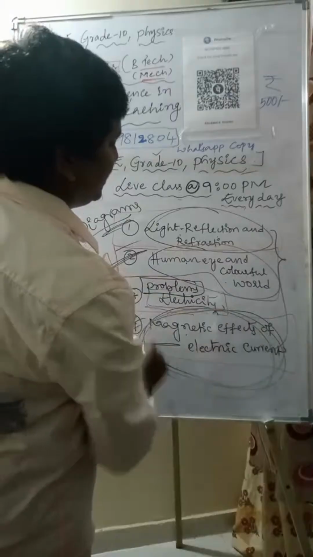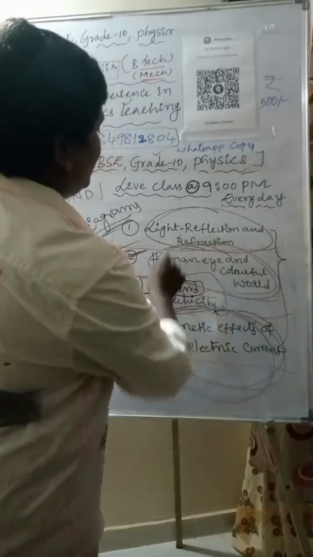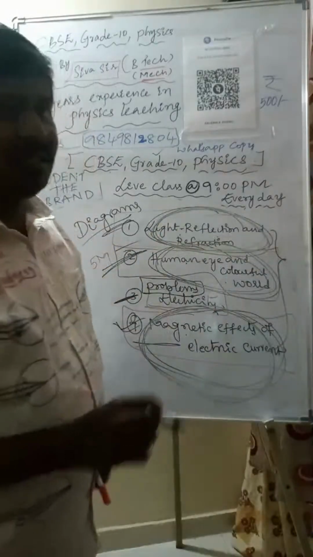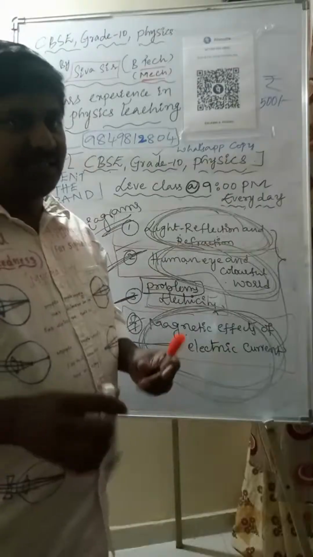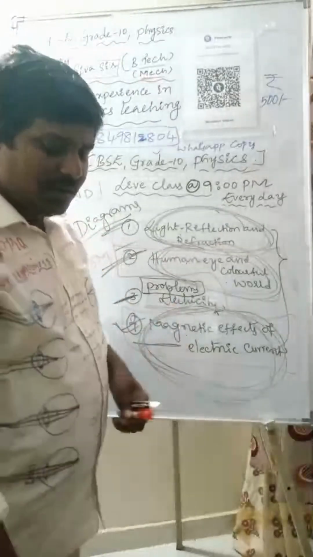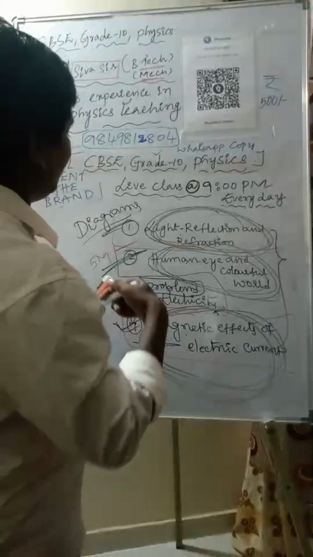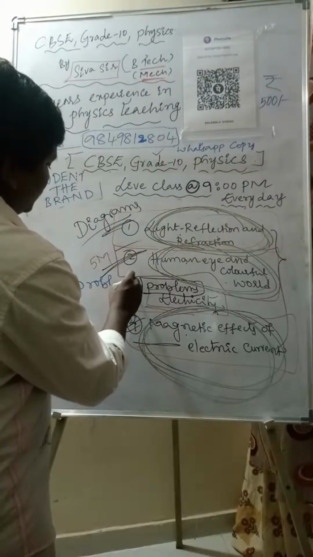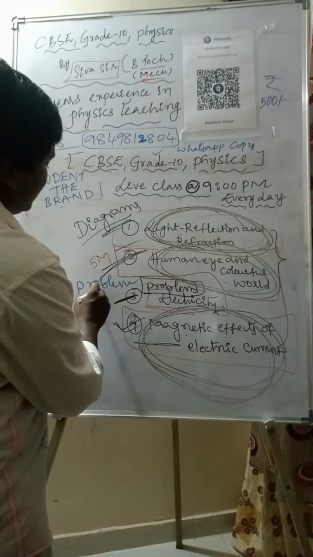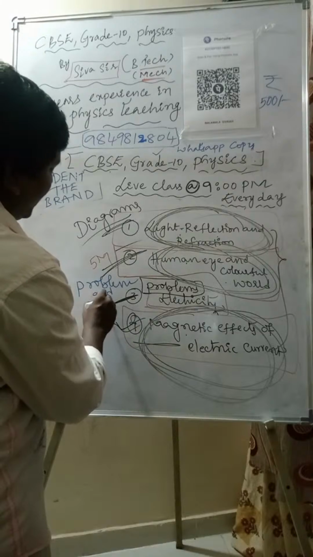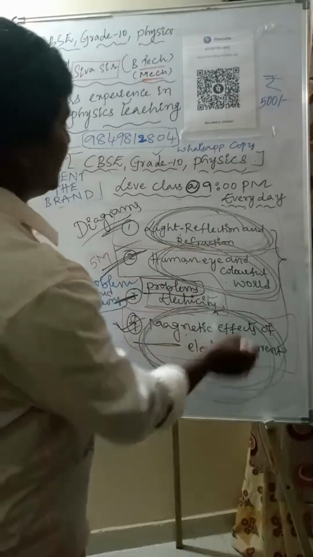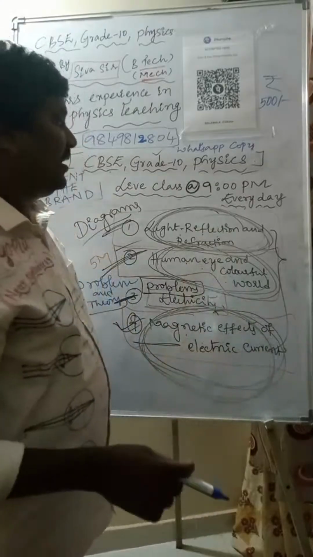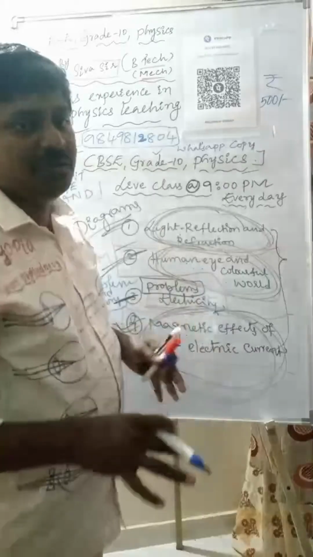From electricity there is a 50-50 chance: they may ask problems, and theory along with it. From the other three chapters, few questions are damn sure.